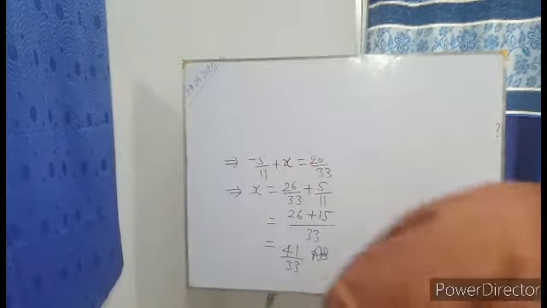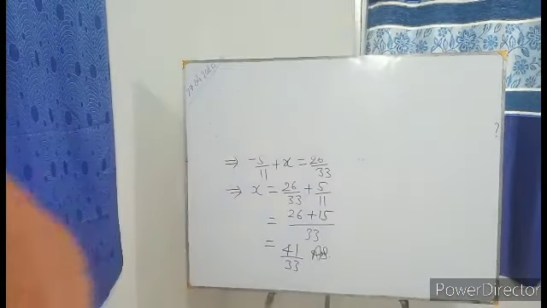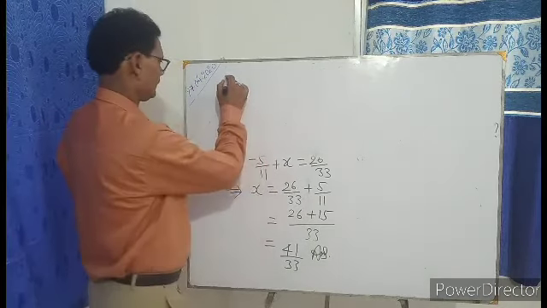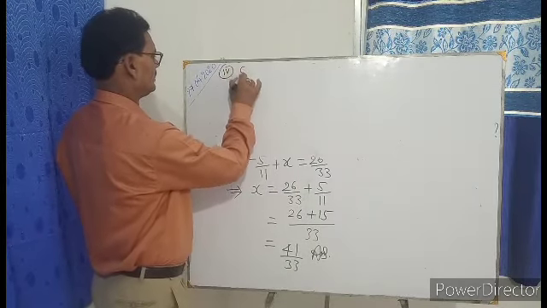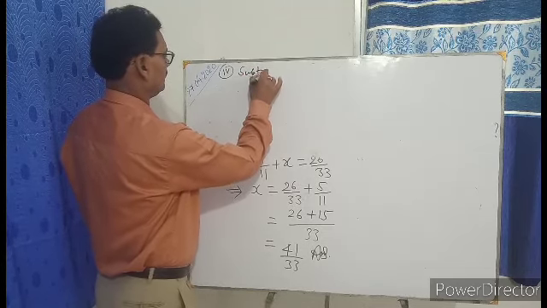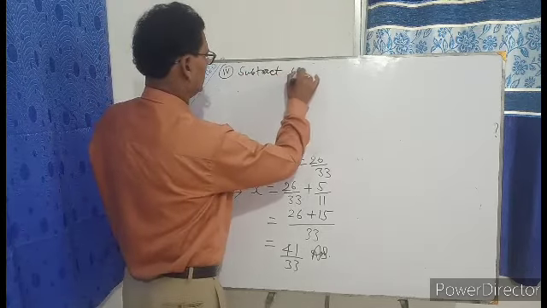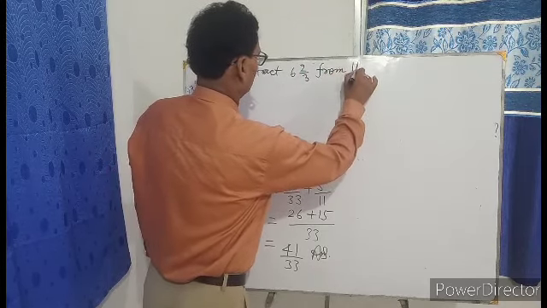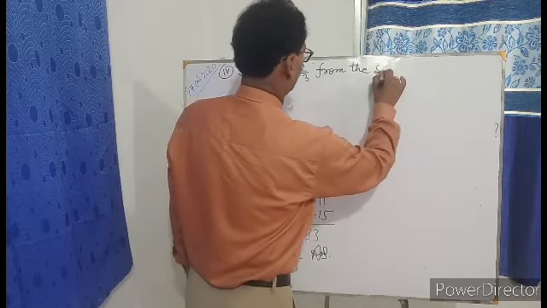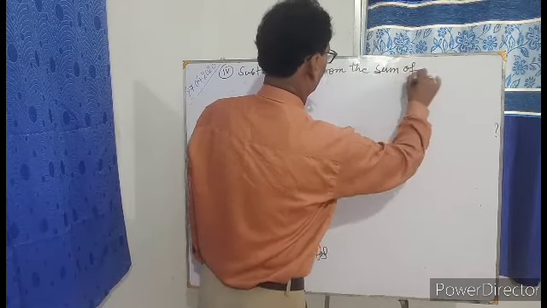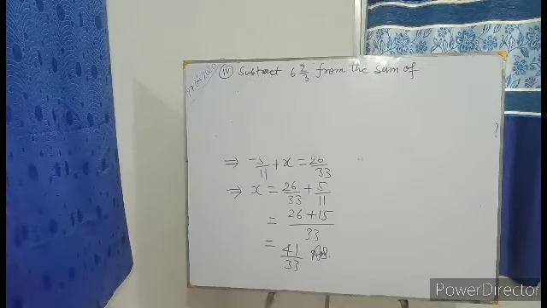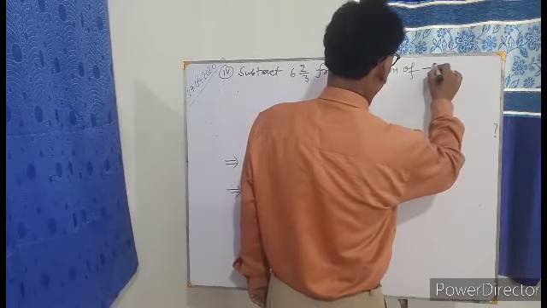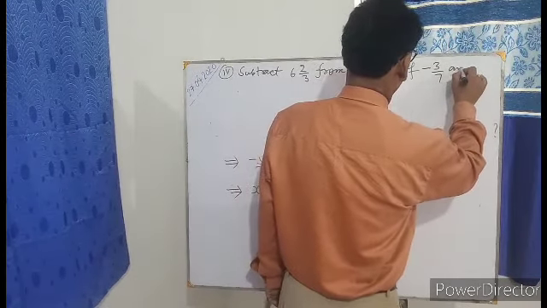Let us see. Another question is: subtract 6 whole 2 by 3 from the sum of minus 3 by 7 and 2.